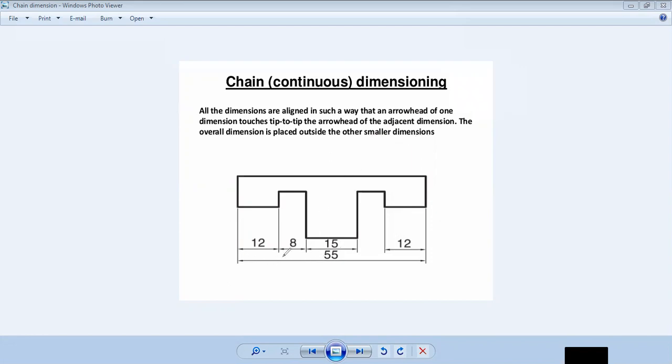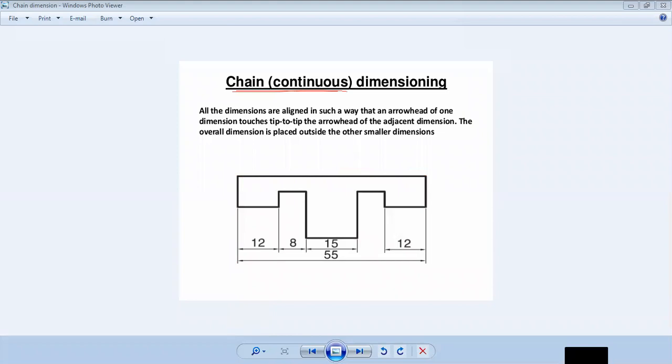I can't show 55 here and then 12 here. Smaller dimensions should be covered first, and the outermost dimension should be the longer one. We should move in ascending order. First you cover every horizontal smaller dimension, and then at last the outermost or longest dimension. Clear? This one is termed chain dimensioning or continuous dimensioning.